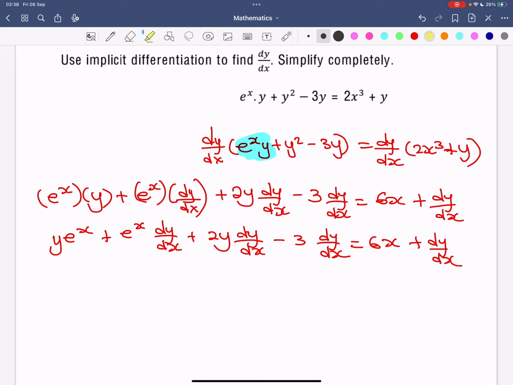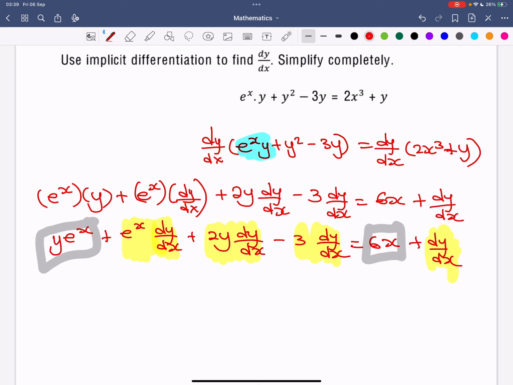The next step, now that we have differentiated, is to put everything with dy over dx on one side. So I'll highlight all the terms that have dy over dx. I want to put these terms on one side, and everything else that does not have dy over dx, like this term, I want to put on the other side.